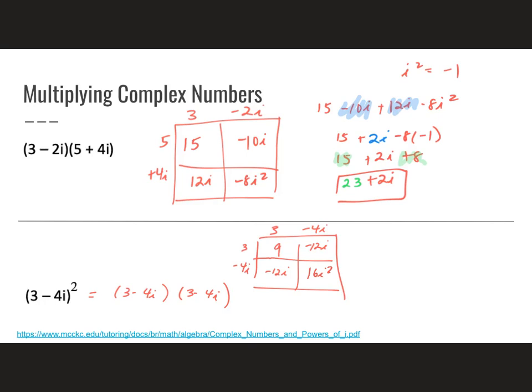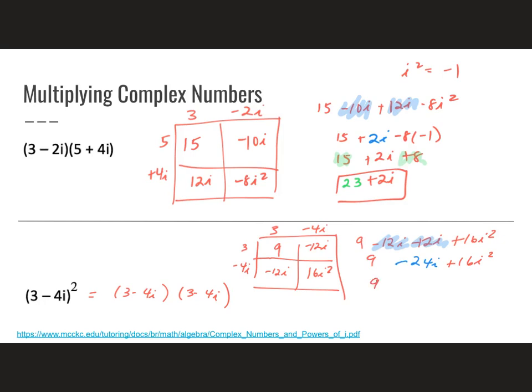So I'm going to take out all these terms from my boxes and then start combining like terms when I can. So these are all my terms in my boxes, and I see that I have two like terms over here with this negative 12i, and that simplifies to negative 24i. I didn't do anything to my 9, and I didn't do anything to my 16i squared. Forgot that squared, right? But once again, like in my previous example, i squared simplifies to negative 1 when you actually expand it out.